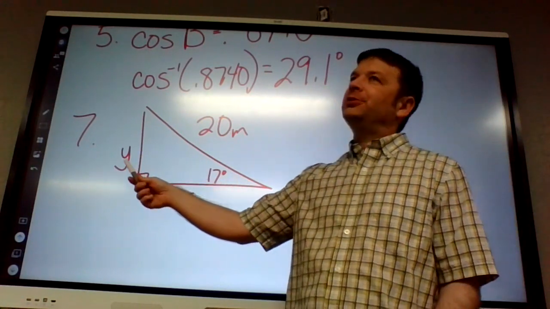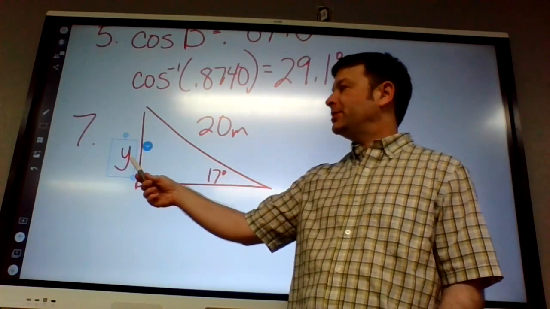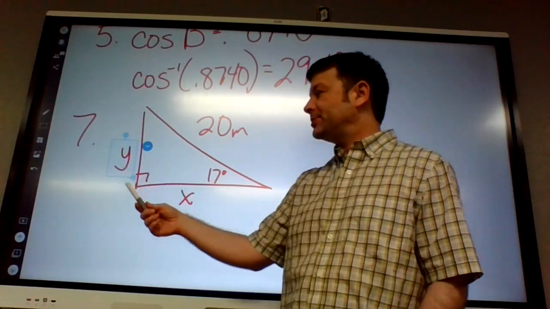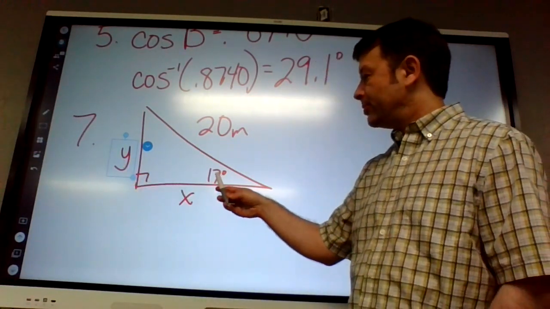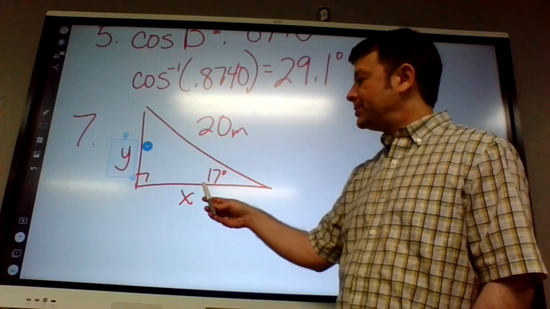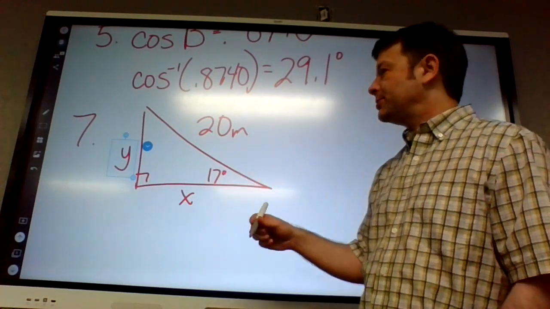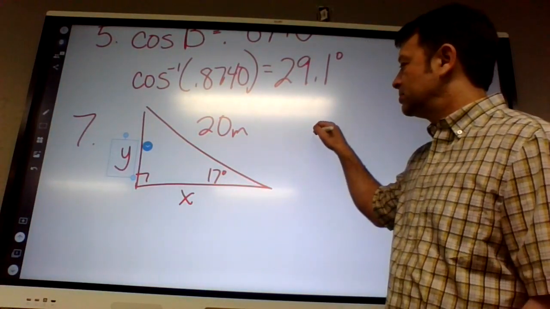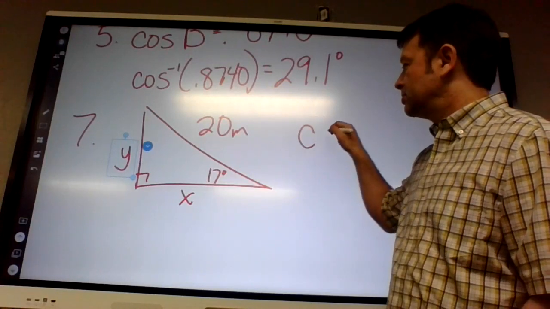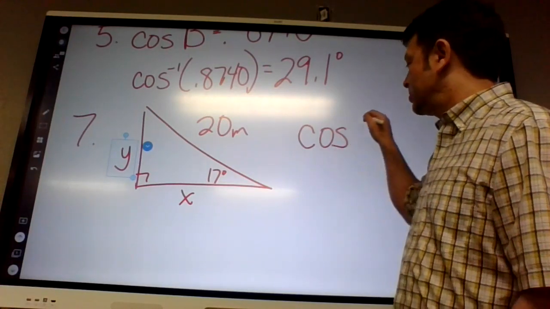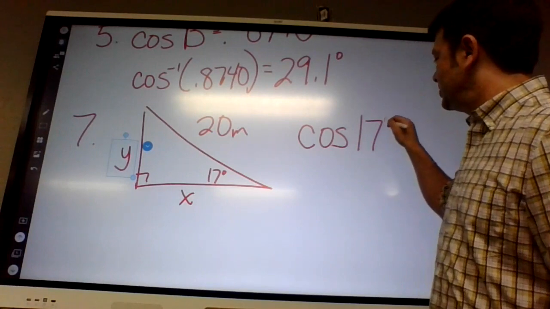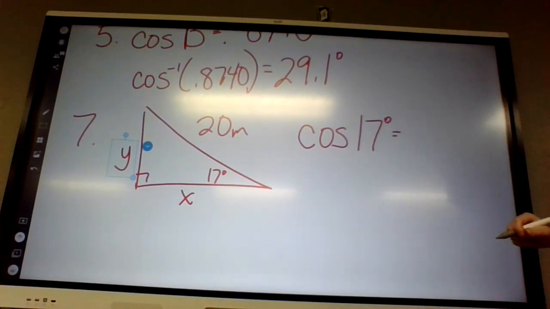Yeah, now we can't use the opposite because you can't have two variables in your equation. You need only one variable. So which trig function uses adjacent and hypotenuse? Cosine.